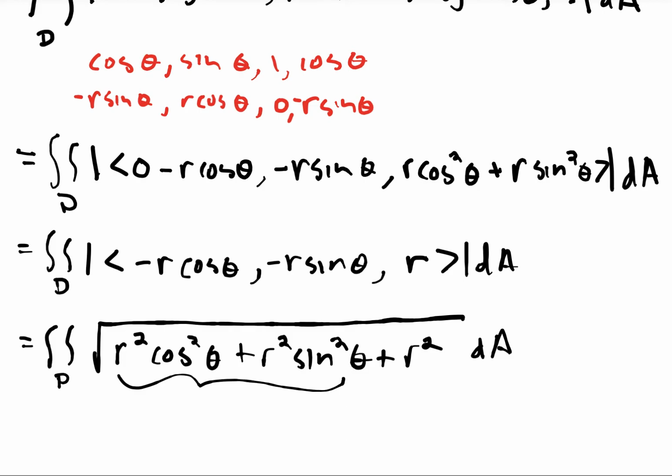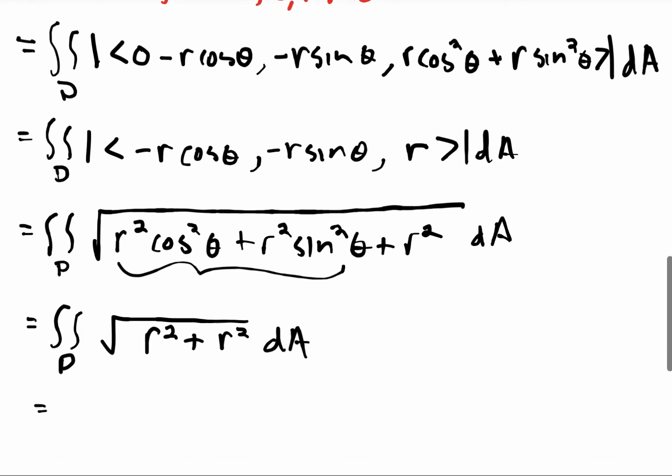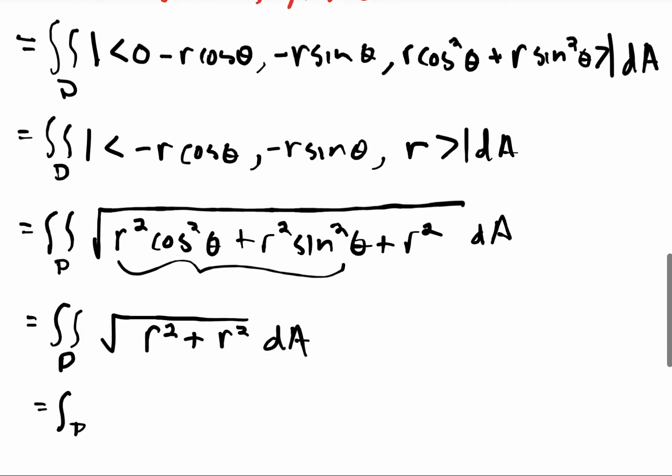So that little bit there is just going to simplify to r squared. So you've ultimately got an r squared plus an r squared in this integral. And this is the same thing as if you just have 2r squared inside of this integral that we're taking. Now, at this point, we've cleaned this up enough. I'm going to stop being lazy.